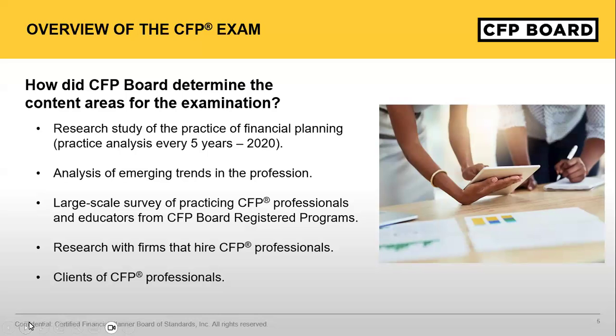The information that is collected during the research study is sent to all the professionals and educators via the large-scale study. Not only are we interested in the registered programs and what the educators are saying, but also the firms that hire CFP professionals, to determine what's important to them and what it takes to be successful as a financial planner.